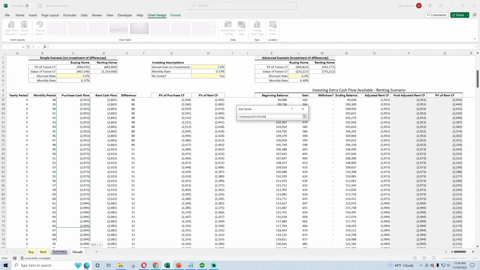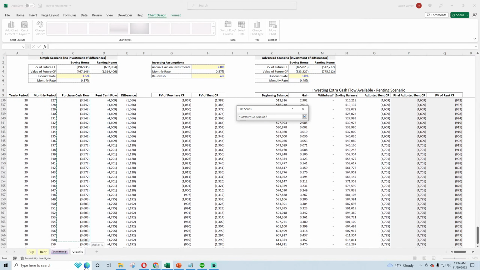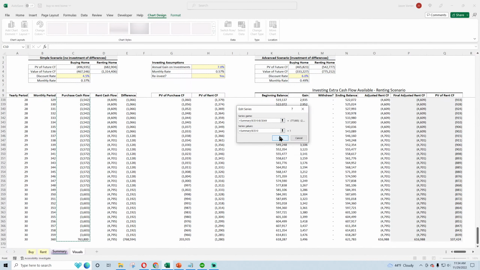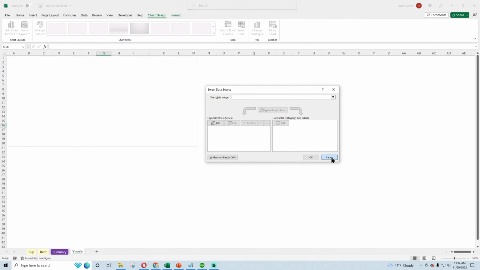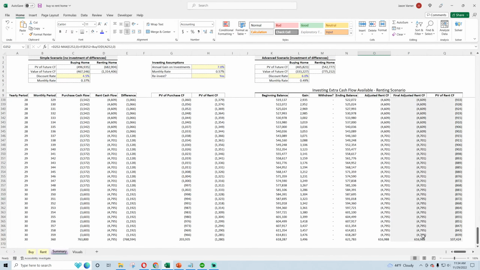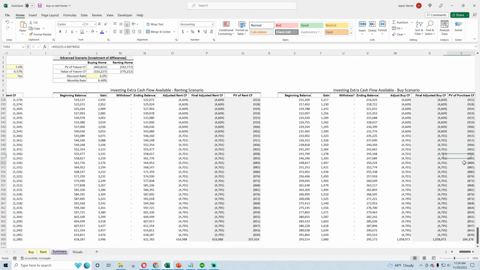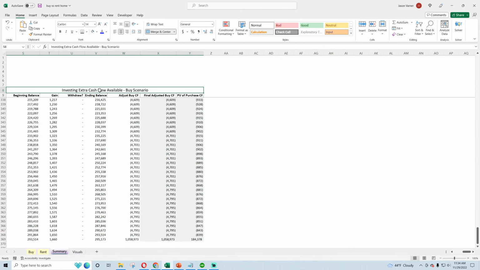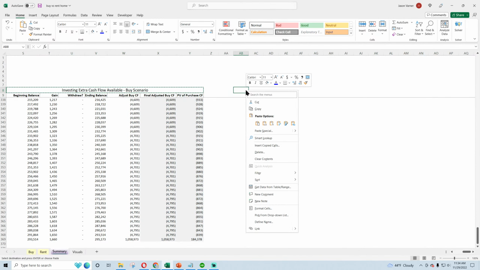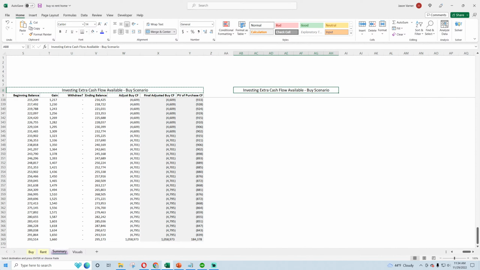So buying, here's your cash flow stream. Actually, do we want to show the cumulative cash flow? That'd be good for the chart data. So over here, let's look at cumulative cash flows.